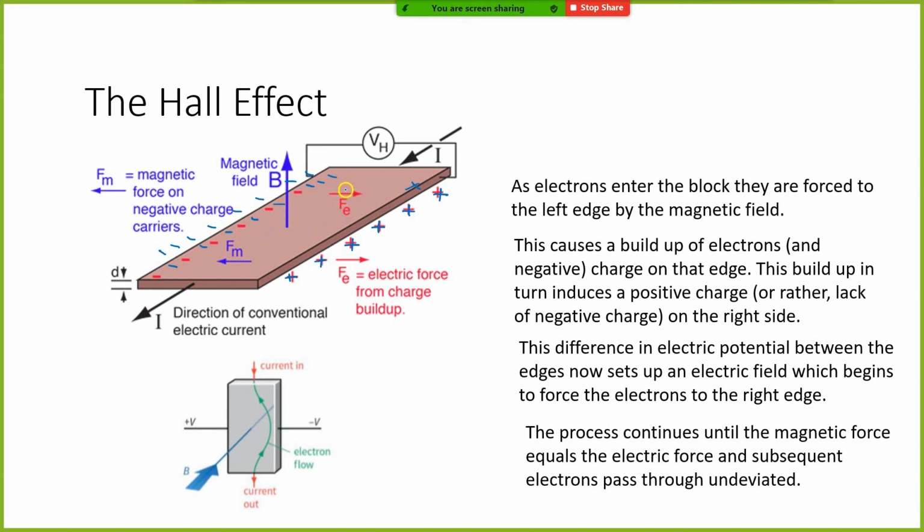And then when that occurs, it means that the electrons will now pass through the metal undeviated. So once the electric force is equal to the magnetic force, the electrons here are going to pass through undeviated. Similar to what we looked at previously about the mutual perpendicular relationship between an electric field and a magnetic field.